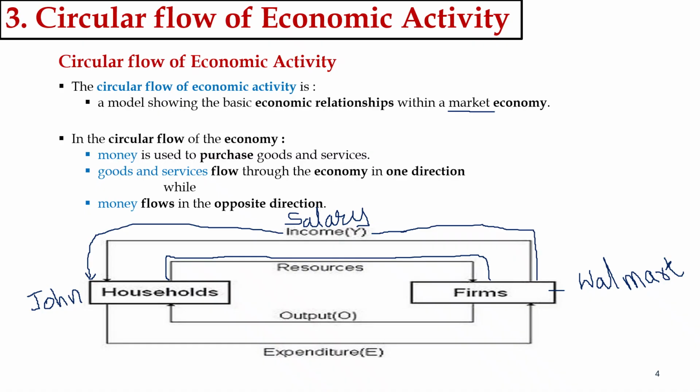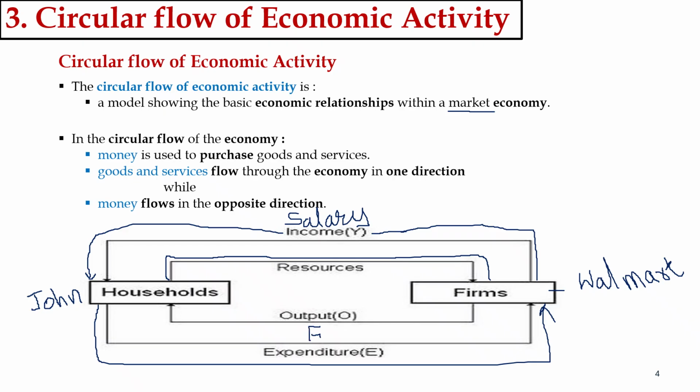Now what does Mr. John need? Mr. John needs food for himself and for his family. So the money which John has received from the company, he will spend this money on buying the foods or goods and services from Walmart. When John gives money to the company, the company will give the output, the food or the goods, to Mr. John.